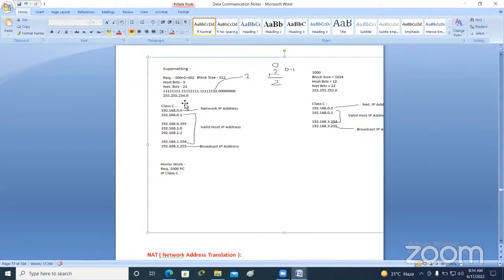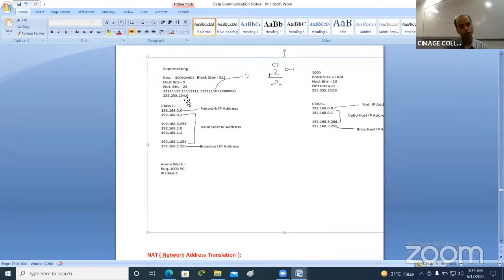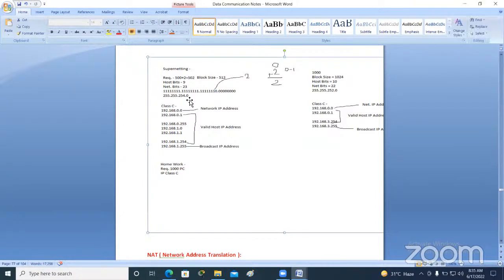Its decimal value will be 255.255.254.0. This is a class C subnet mask, but in case of class C, the default subnet mask is 255.255.255.0.